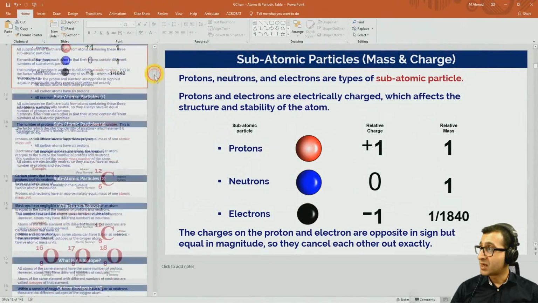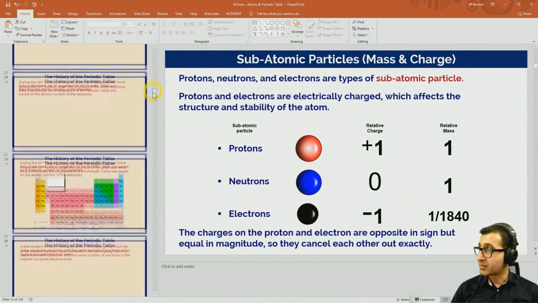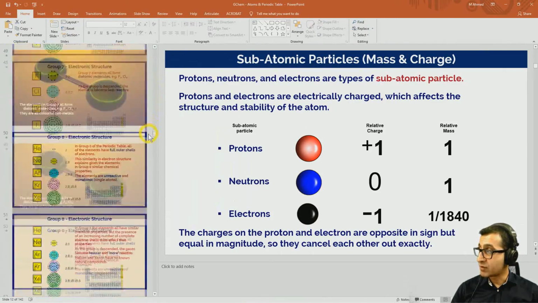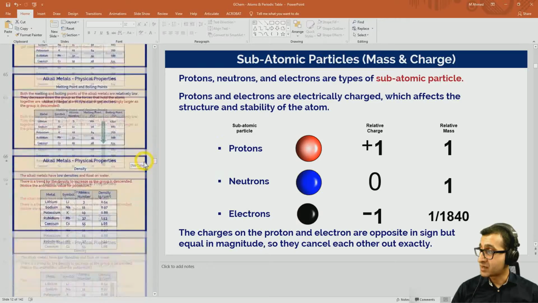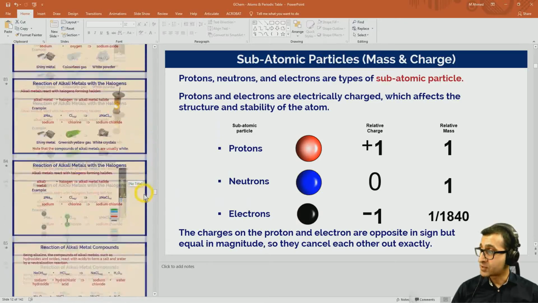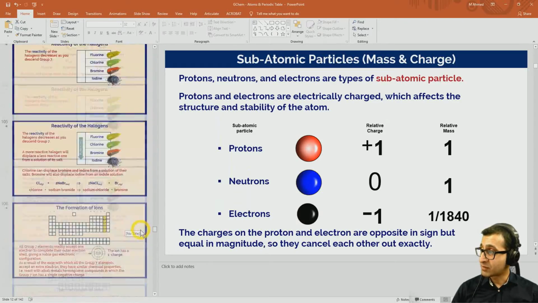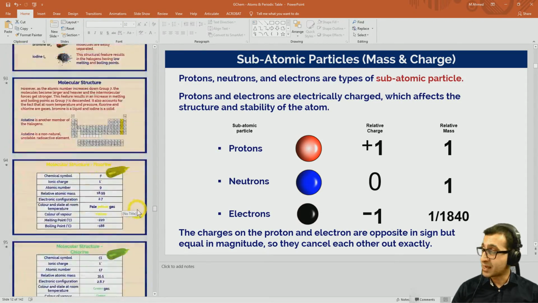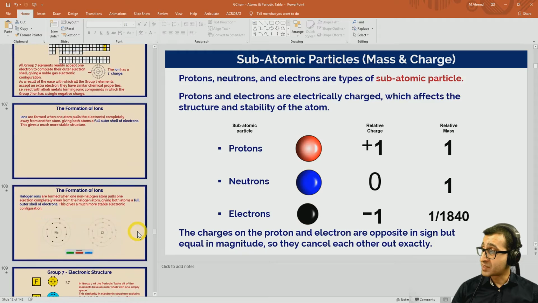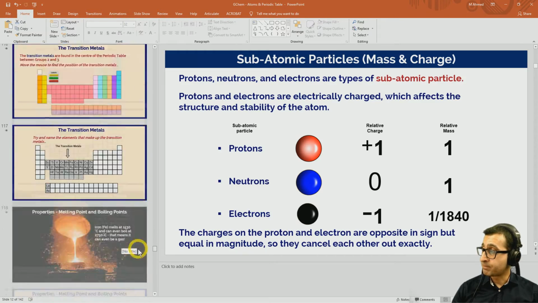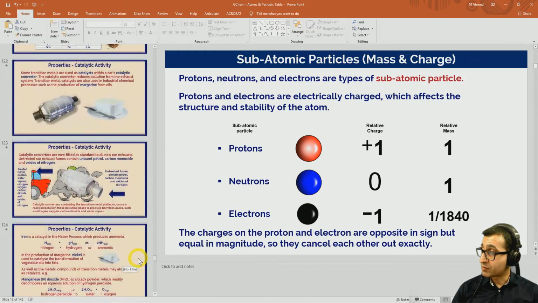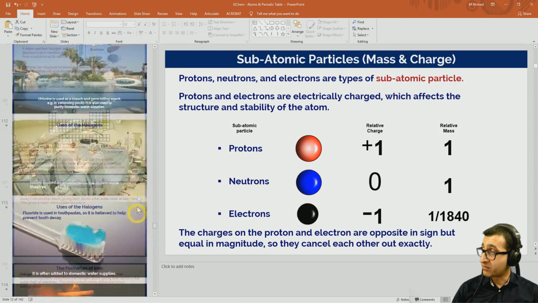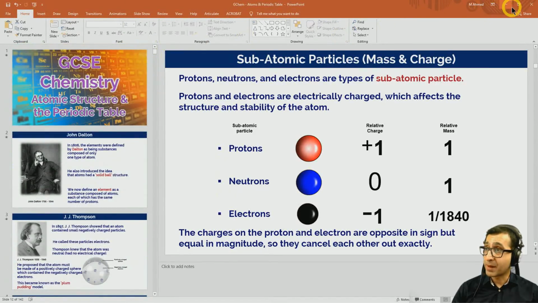This also includes descriptions of the development of the periodic table, and also the reactivity of various different kinds of elements in different groups, and the explanations of those in terms of their electronic structures related to their positions in the periodic table. Very few of you voted for me to cover that, but again, you will have access to the private webinar resources page, and all of the slides of this PowerPoint will be on that page as well.